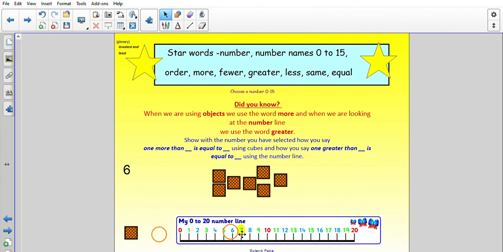Well done. So I can say 1 greater than 6 is equal to 7. So we use the word more when we're using our blocks or our objects. We use the word greater when we're using our number line. They both mean the same thing. Well done today. Lots and lots of learning.